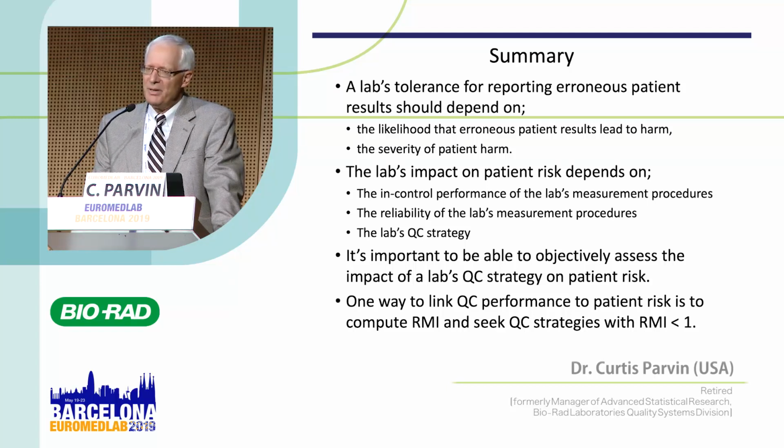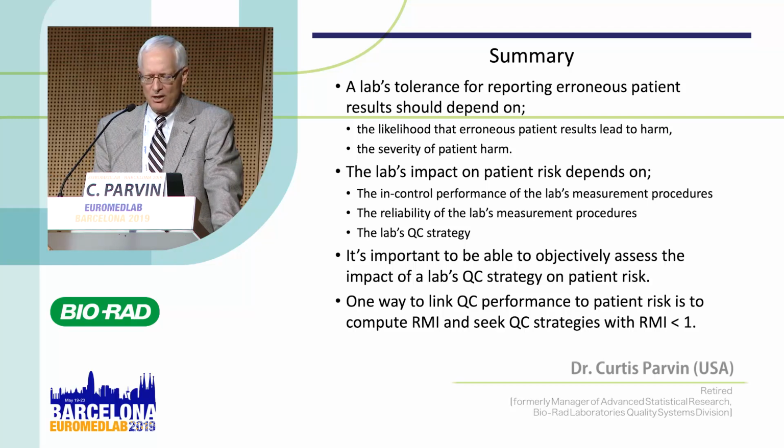It's important to be able to objectively assess the impact of a lab's QC strategy on patient risk, not just make a guess or give an informed opinion or pick the category that assures that my risk is acceptable.